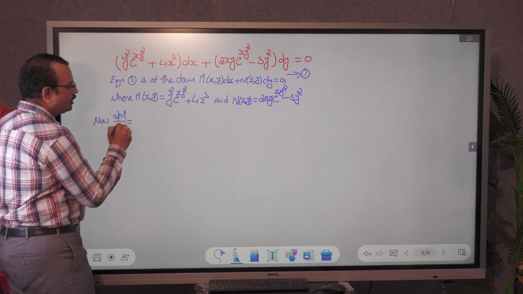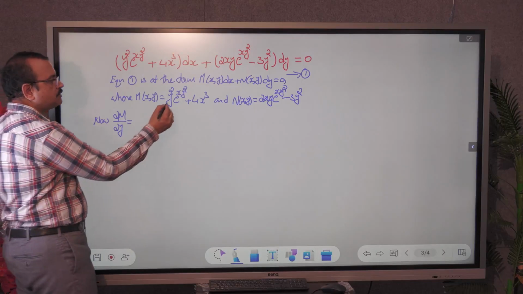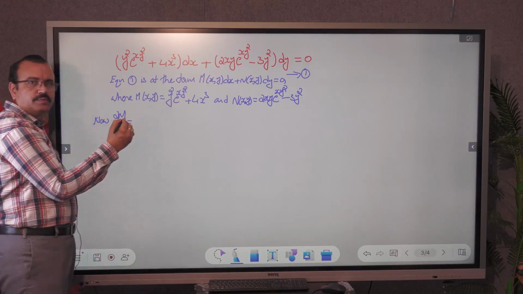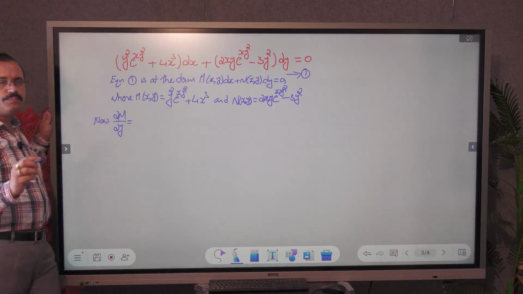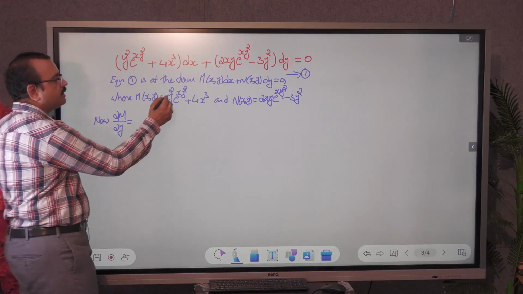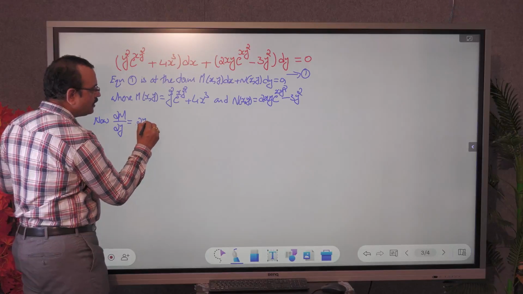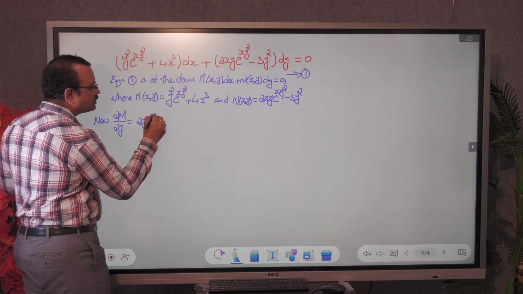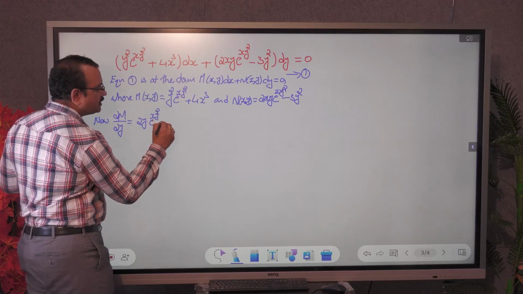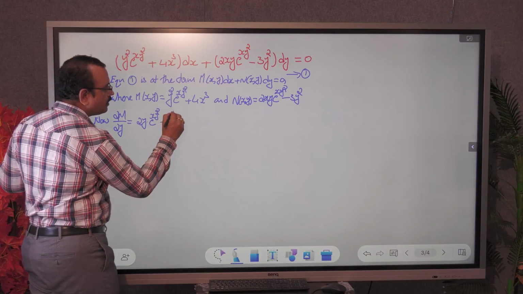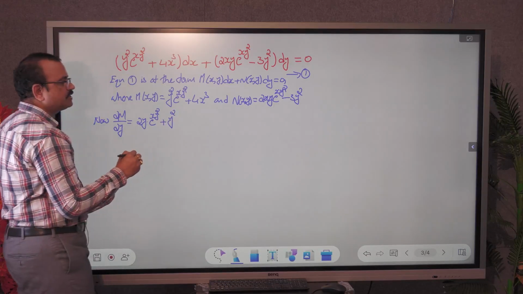So dou M by dou y is equal to, here we have two terms, and in both the terms we have y, therefore here we have to apply the UV rule. First of all we take the derivative of y square, which is 2y into e power xy square, plus, now you leave y square and find the derivative of e power xy square.